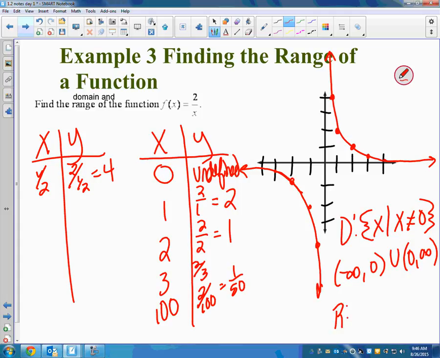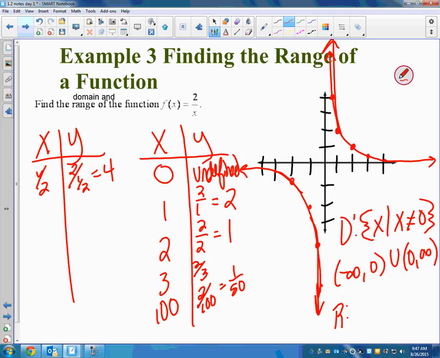The range is what can y be? Y is definitely going up forever, and it's going down forever. If we use my rule, Maddie, that I did last time, what happened when we plugged in the one number that x couldn't be? What happened on my y value? It was undefined. So could we kind of use that same rule on the last one?